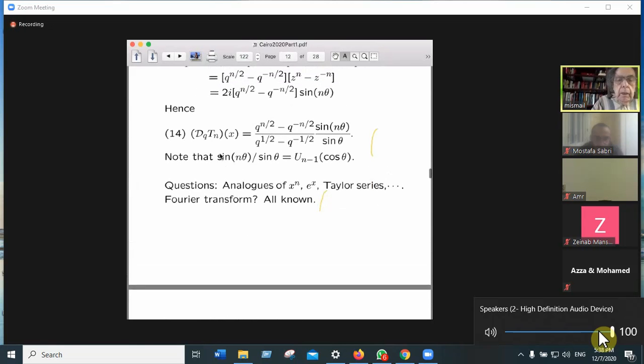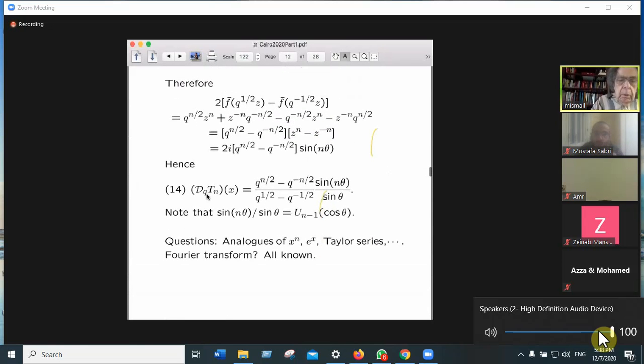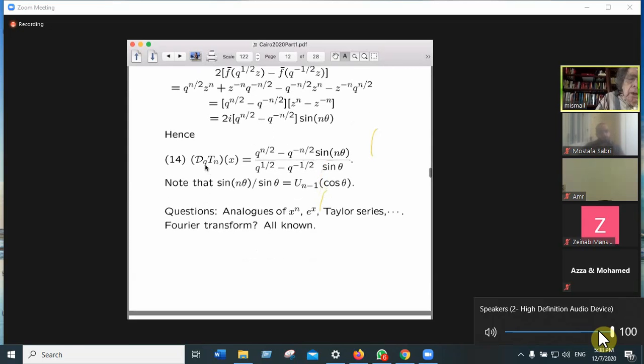Okay, so now once you have this, you start asking questions. What about doing calculus again, but now for this operator? For example, do we have a Taylor series? What is the analog of x to the n? What's the analog of e to the x? All of this has been developed over the years.